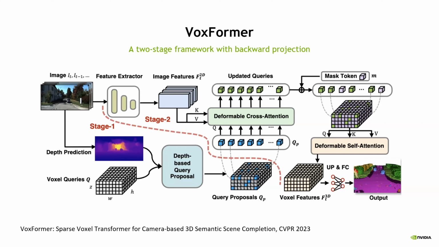So you start to fill in the missing information by prioritizing the featurization of these sparse queries, because they are the most reliable. Then in the second stage you use an MAE-styled approach to fill up the missing pieces in the BEV space, and finally you have a dense output that gives you the occupancy prediction.